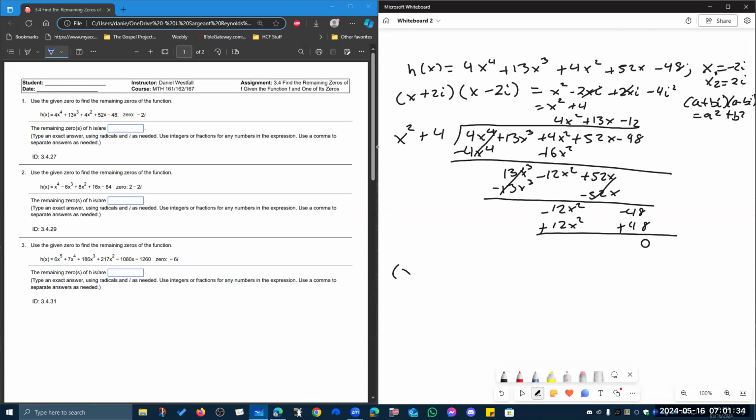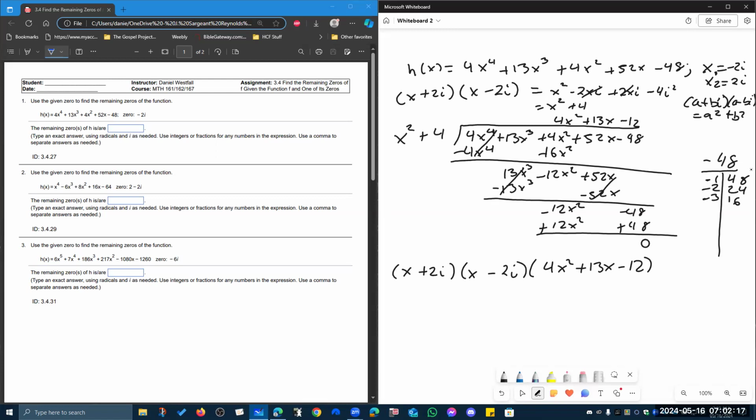So this is x plus 2i, x minus 2i times 4x squared plus 13x minus 12. Negative 48 is 4 times negative 12, and I want factors of that add to give me positive 13. So 8, negative 2 and 24, negative 3 and 16.